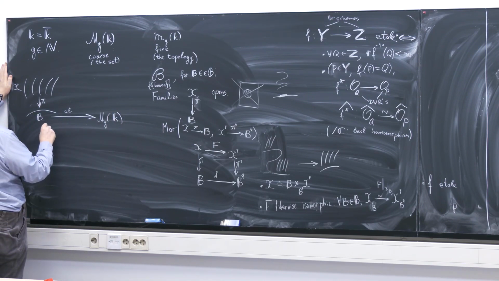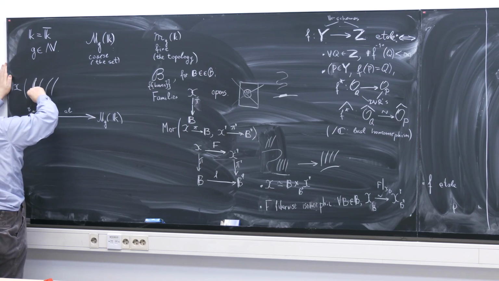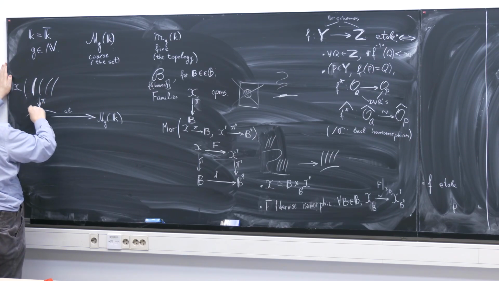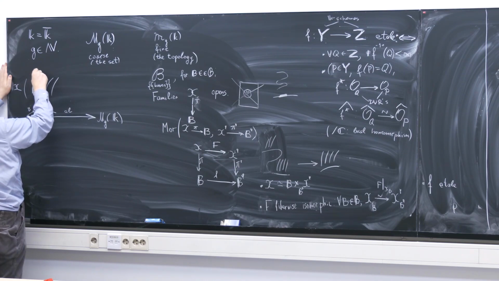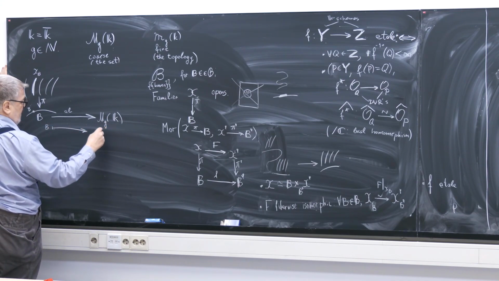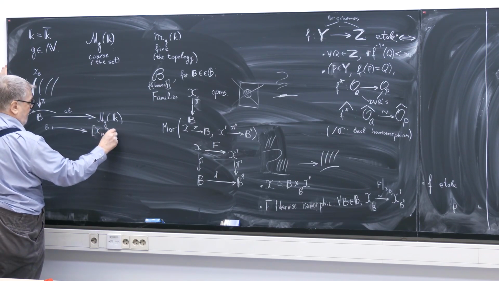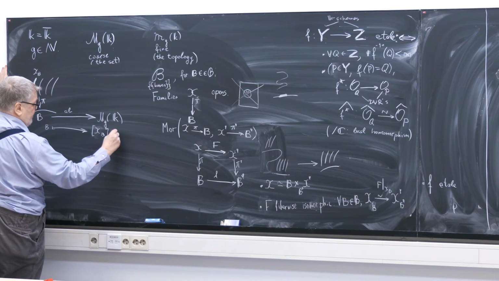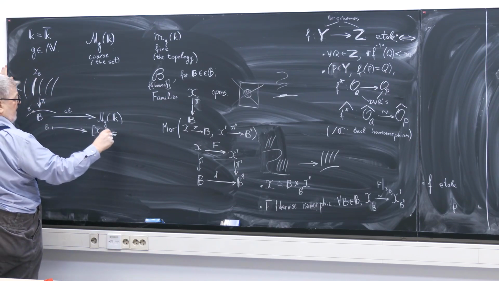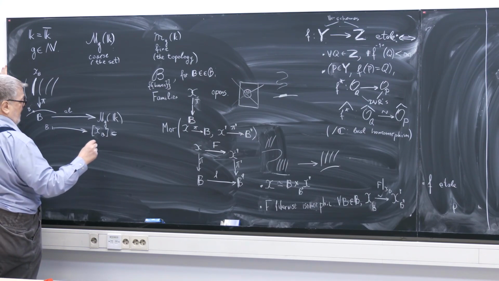Mapping every B, let's draw it here. Here is B, here is the fiber over it, and it is mapped to a point here that is the isomorphic class of the corresponding fiber in MG.